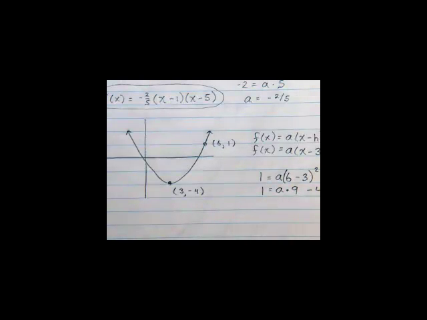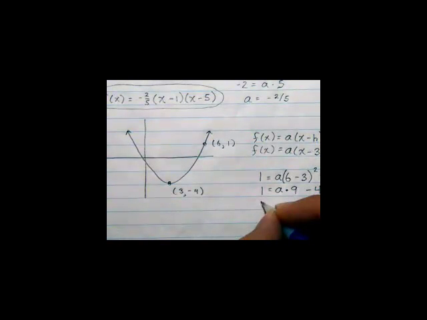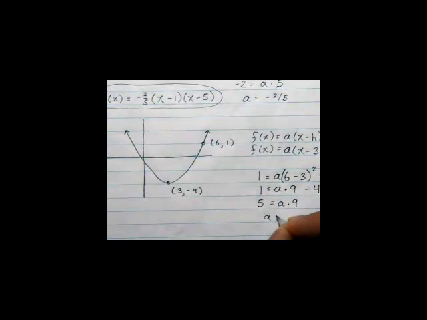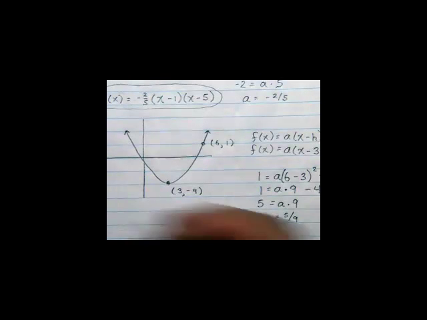I'm going to add the 4. So plus 4 to the other side, that's 5. 5 equals A times 9. 5/9, yeah, in this case. You're going to find your A's from time to time are turning into fractions, like we had in both of these two examples here.